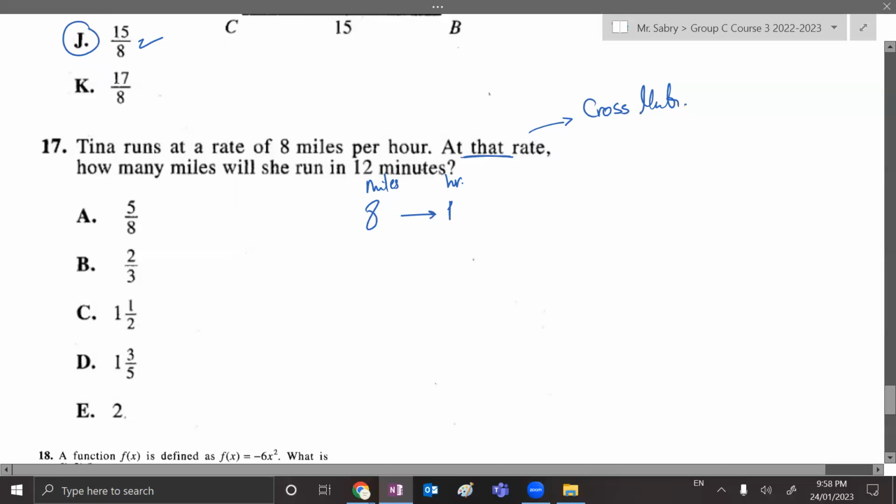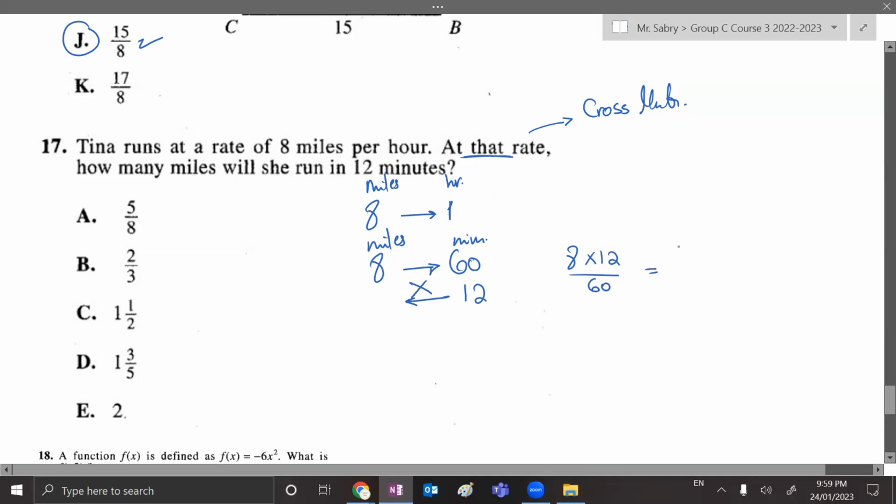Which means I have to put the minutes under the minutes, and I don't have minutes here. I first have to change the hours to minutes. Instead of 8 miles in 1 hour, I'll make it 8 miles in 60 minutes because it's the same thing. 1 hour is 60 minutes. Now I'll put the 12 under the minutes and I'll cross multiply. So it's 8 times 12 and then divided by 60.